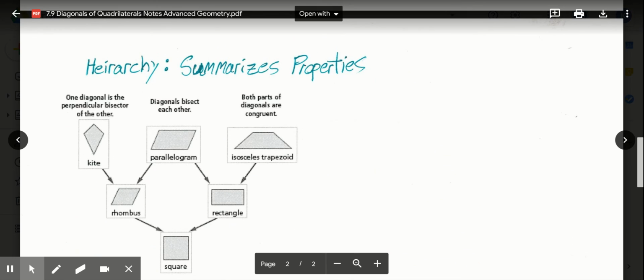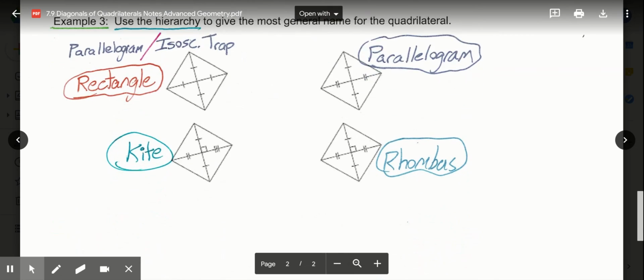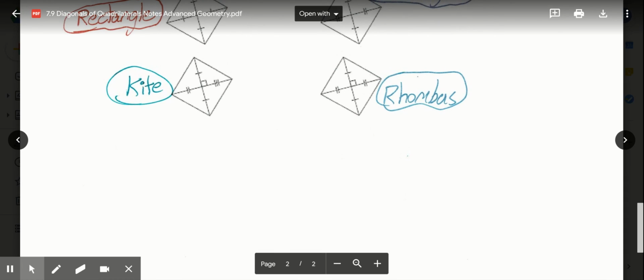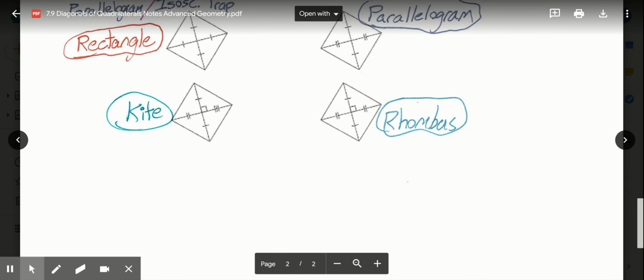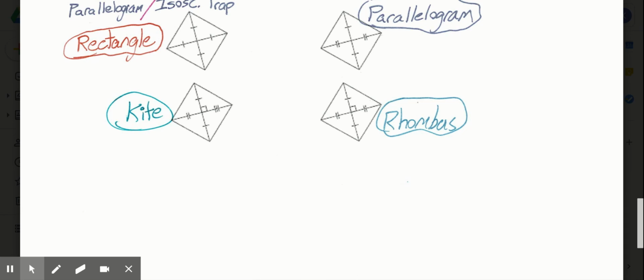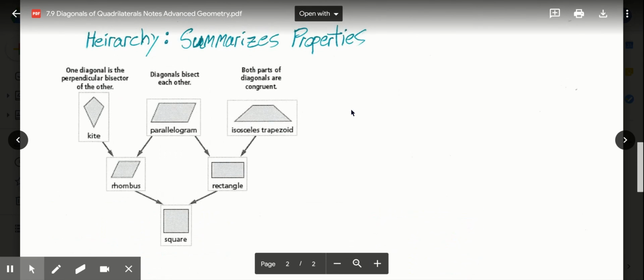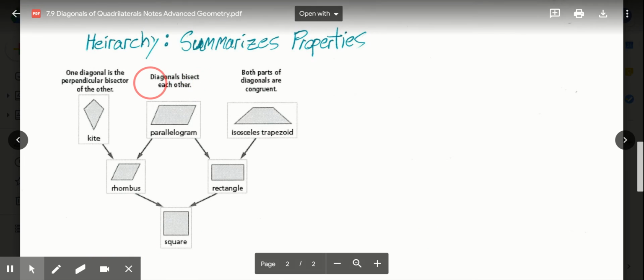So we had the one diagonal being the perpendicular bisector. In this example, what makes it a rhombus is that this part's congruent to that, and this part's congruent to that, plus a 90-degree angle. So in this, we have the diagonals bisecting each other, and we have the one diagonal as a perpendicular bisector. So we have the kite and the parallelogram, which would give us the general shape of a rhombus.